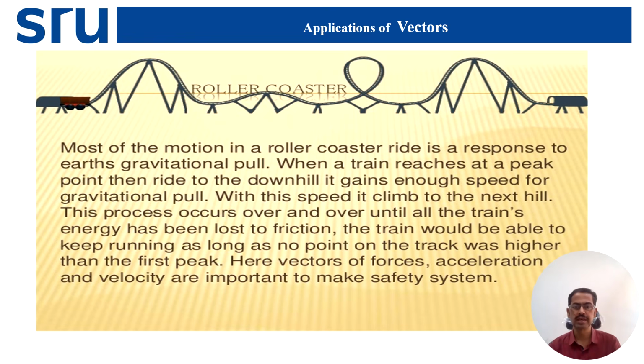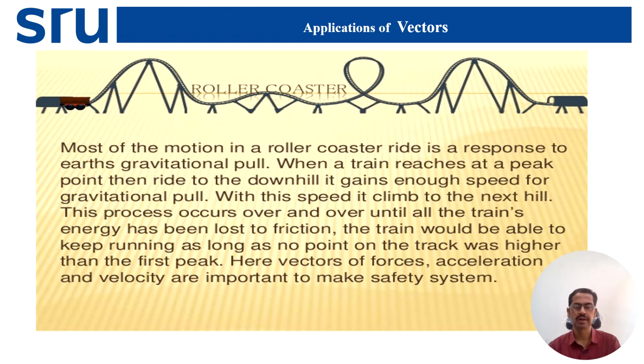The train would be able to keep running as long as no point on the track was higher than the first peak. Here, vectors of forces, acceleration, velocity and gravitational forces are important to make a safety system. What are they? Friction, forces, acceleration, velocity and gravitational pull.